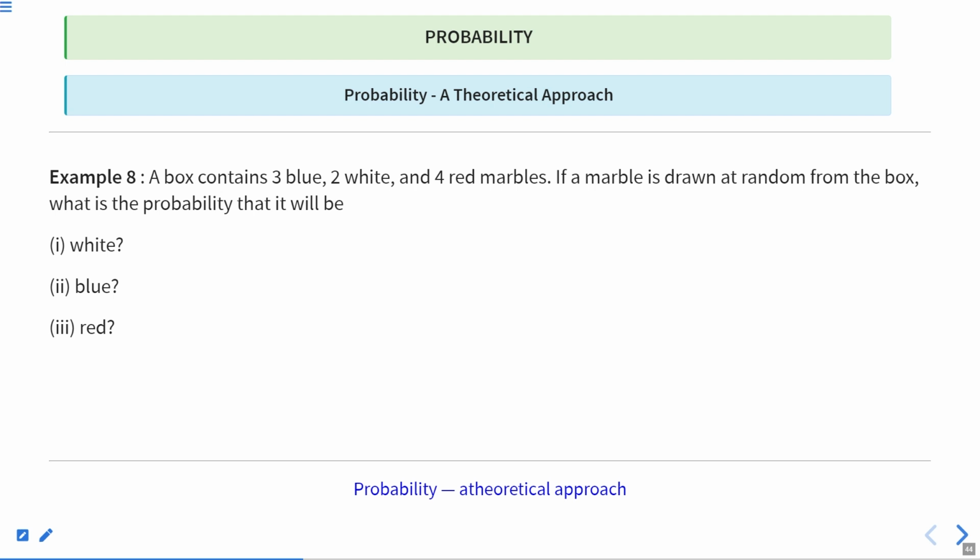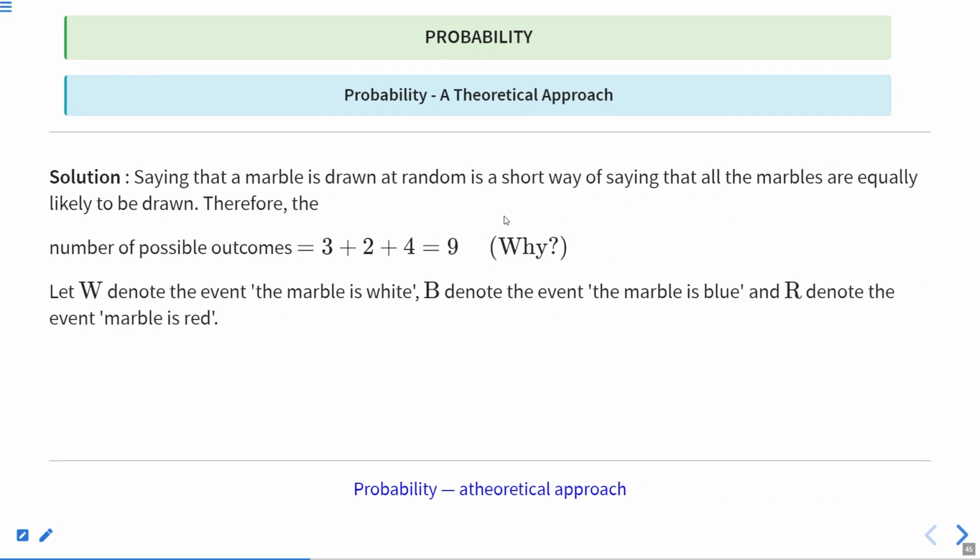So let us find the probability. Saying that a marble is drawn at random is a short way of saying that all the marbles are equally likely to be drawn. Therefore the number of possible outcomes is equal to 3 plus 2 plus 4, that is equal to 9.